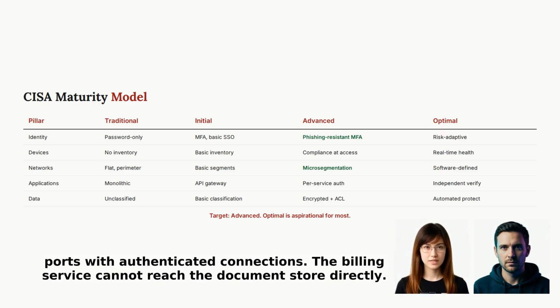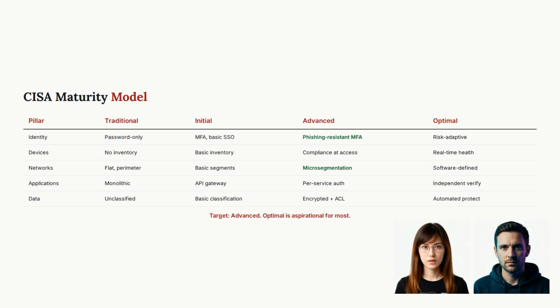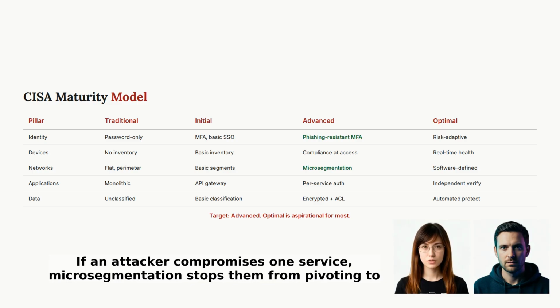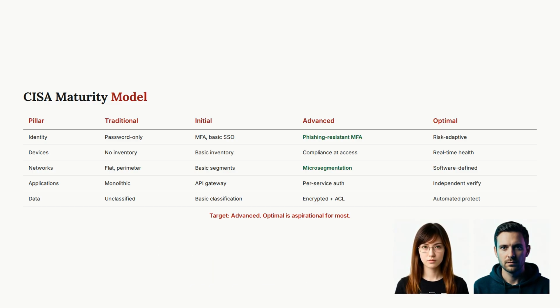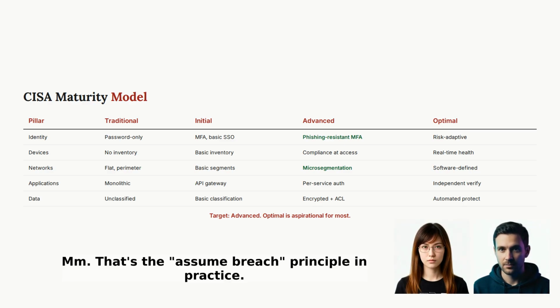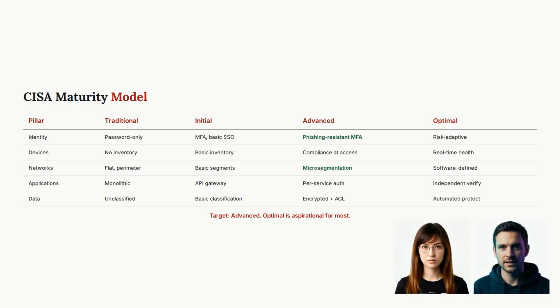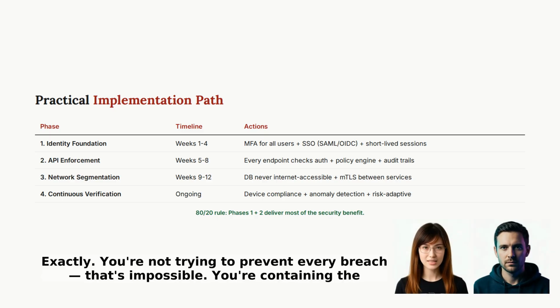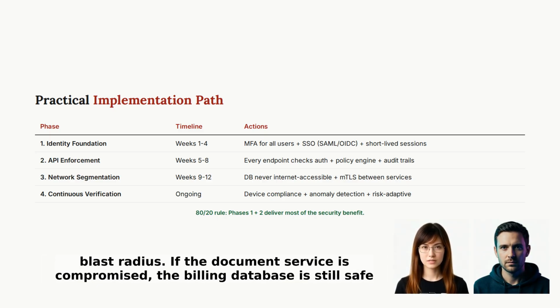The billing service cannot reach the document store directly. If an attacker compromises one service, microsegmentation stops them from pivoting to everything else. That's the assume breach principle in practice. Exactly. You're not trying to prevent every breach. That's impossible. You're containing the blast radius.